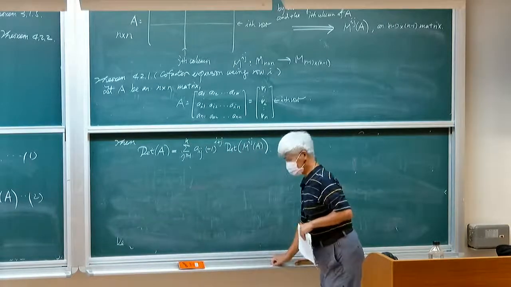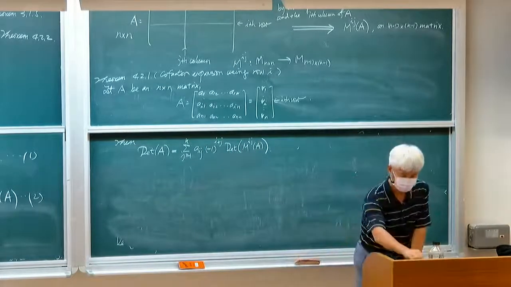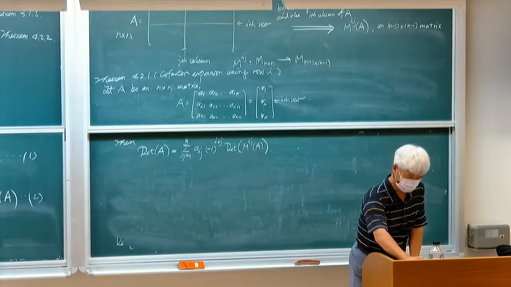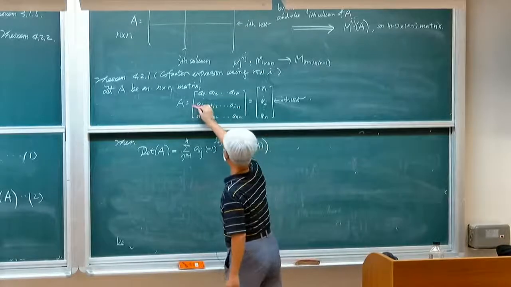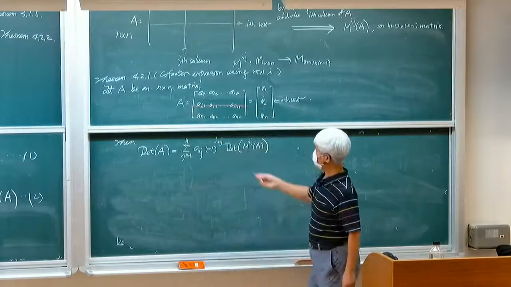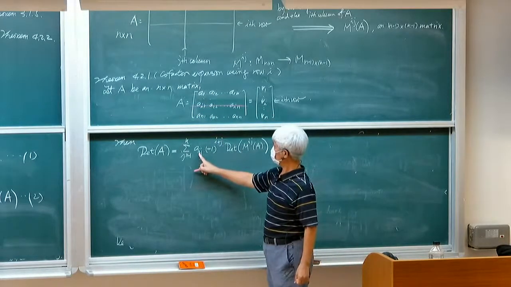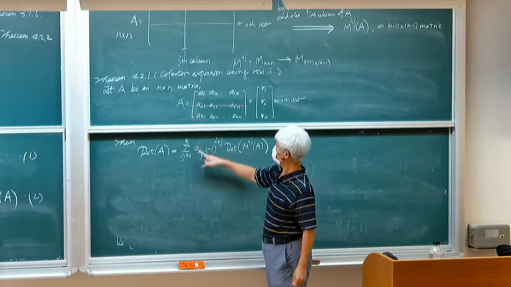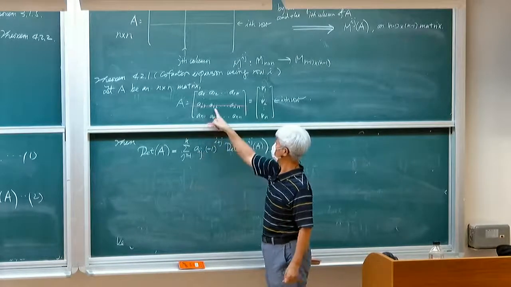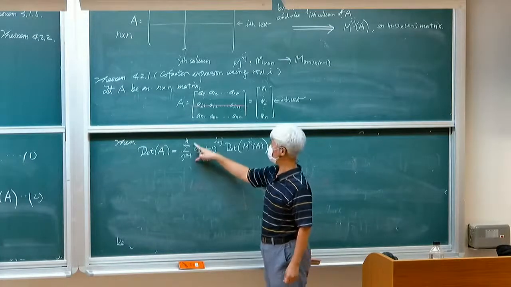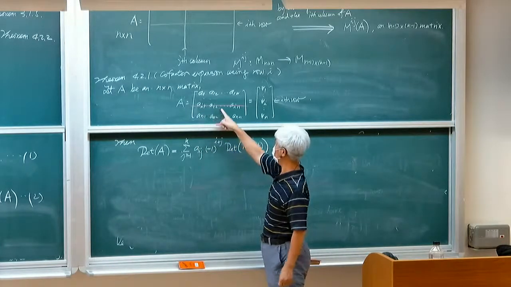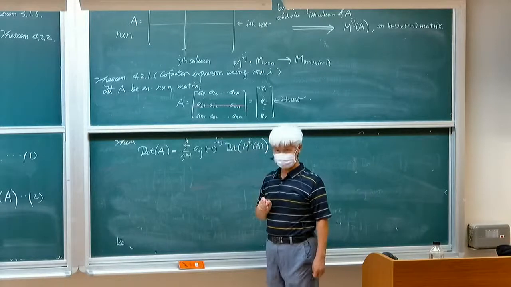All right, so you can do the following way. Expansion using row i means that we were using row i. So this is row i here, Ai1, Ai2, Ai3 up to Ain. Okay, so the Aij is the component in the ith row.